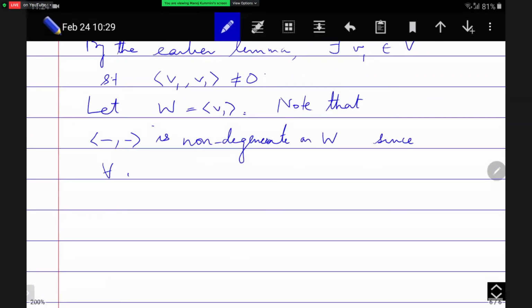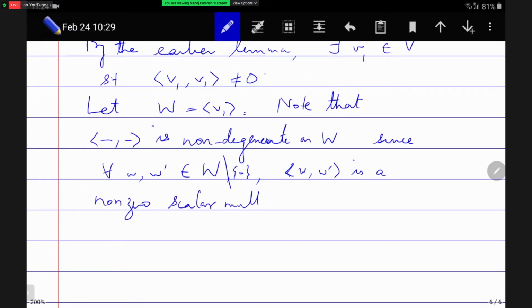for all W prime inside W, for all W prime in W minus 0, W prime is a non-zero scalar multiple of V1, right?